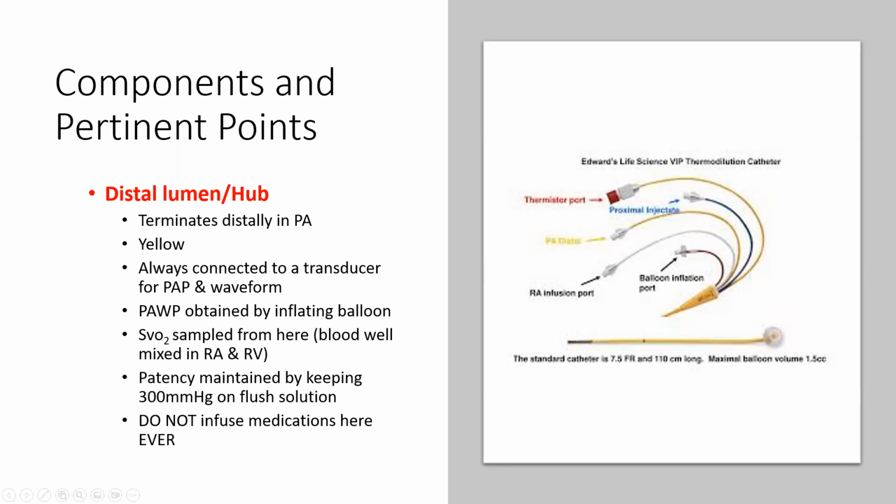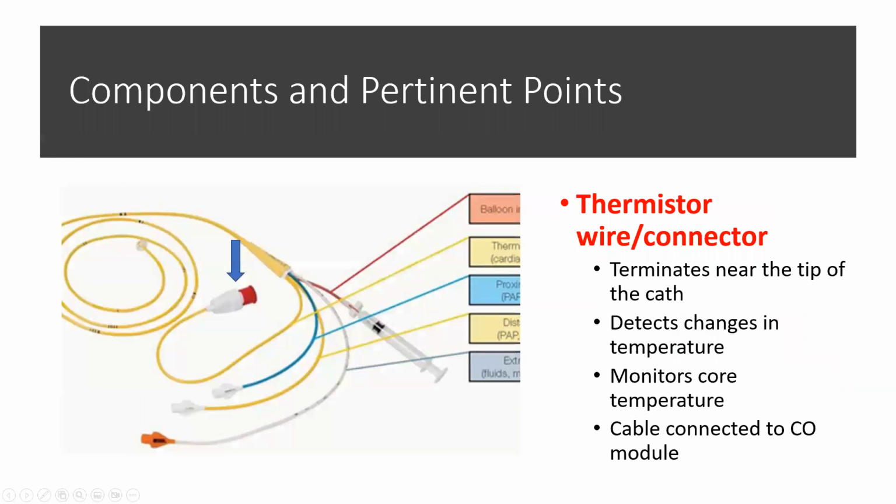Okay? And another lumen that we have is the thermistor wire, or the thermo means to say that this is going to measure temperature. So this is located proximal to the balloon right here. And the purpose is to measure pulmonary artery blood temperature. So it includes a temperature sensitive wire.